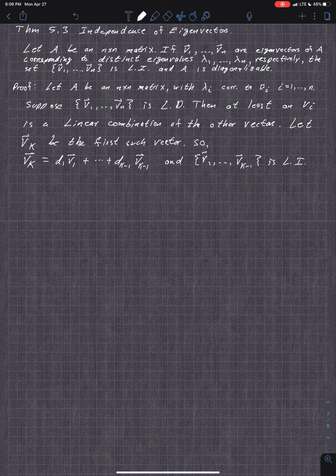Now we multiply both sides of that equation by lambda sub k, the one corresponding to v sub k.